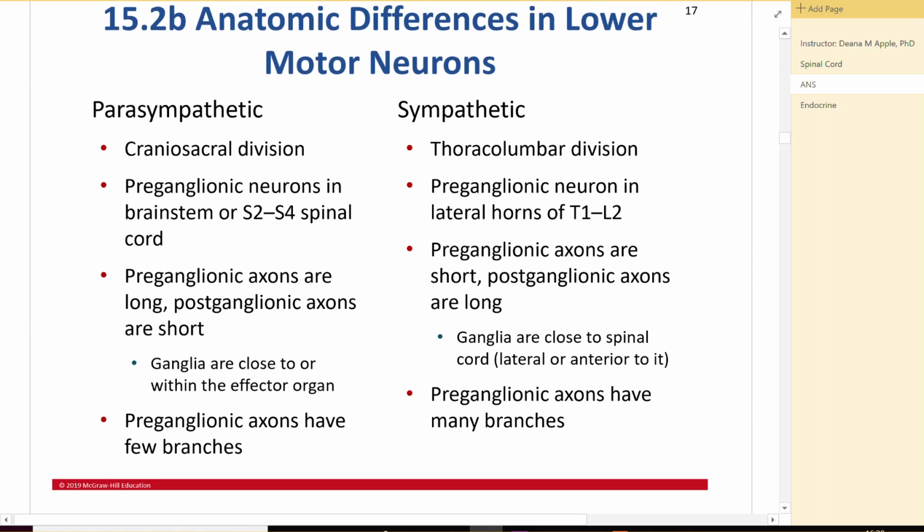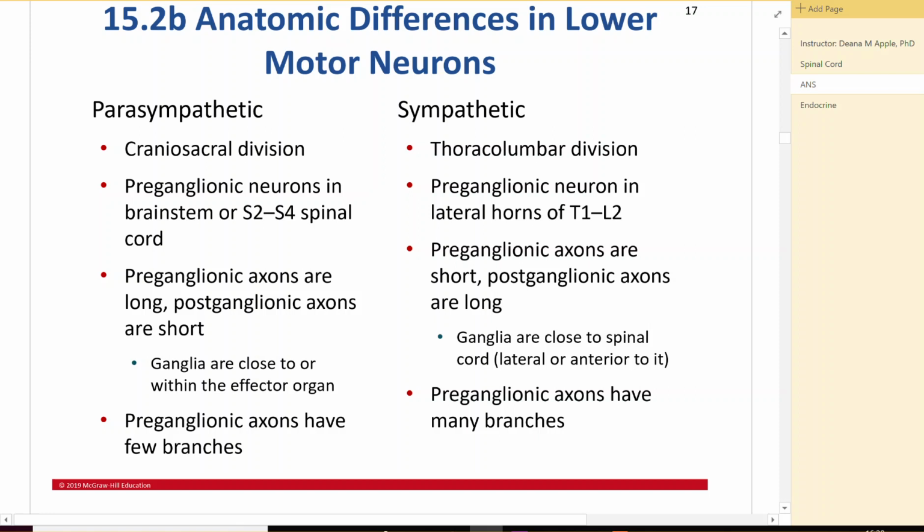They're distinct anatomically. The parasympathetic nervous system is craniosacral. So the preganglionic neurons are in the brainstem and between S2 and S4. Brainstem, sacral, S2 to S4. That's where everything from parasympathetic is going to be located. It's all isolated there.